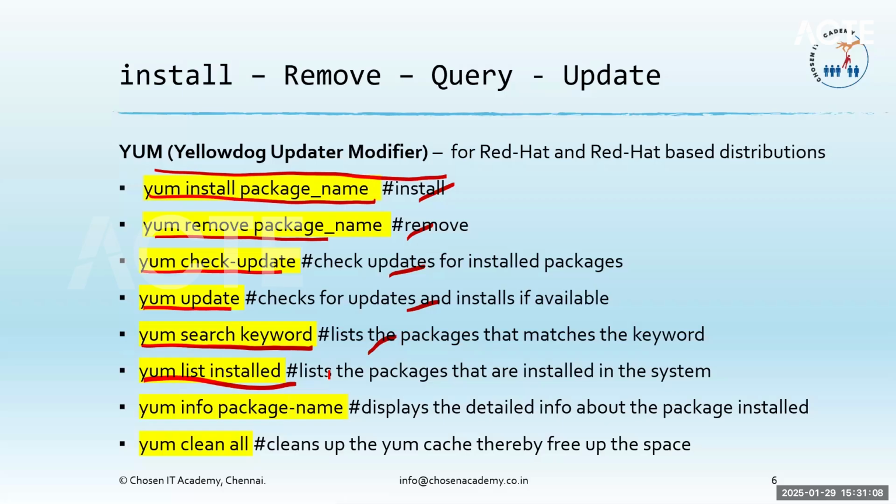So we can get to know what packages are installed by giving this command. And yum info package name is a command we can use to display detailed information about an installed package. If you want to know a little more detail about a particular package, we can get that by using yum info package name.